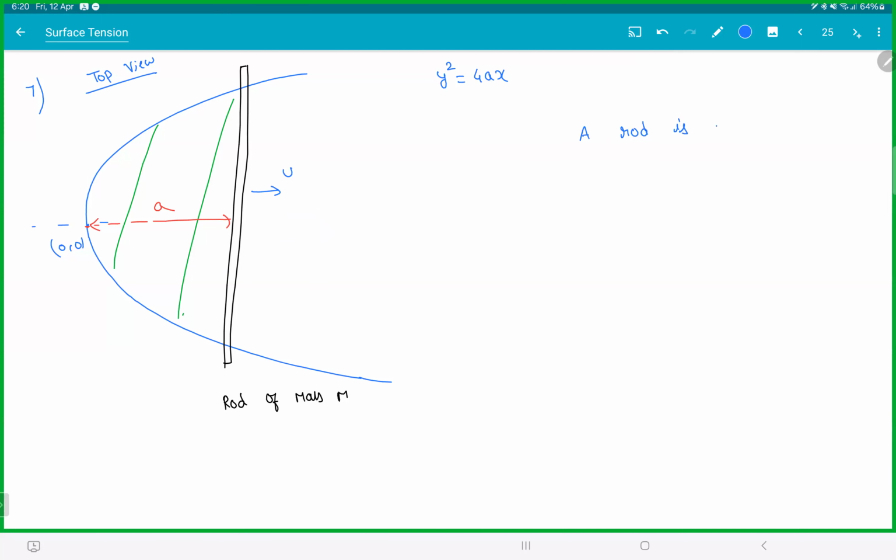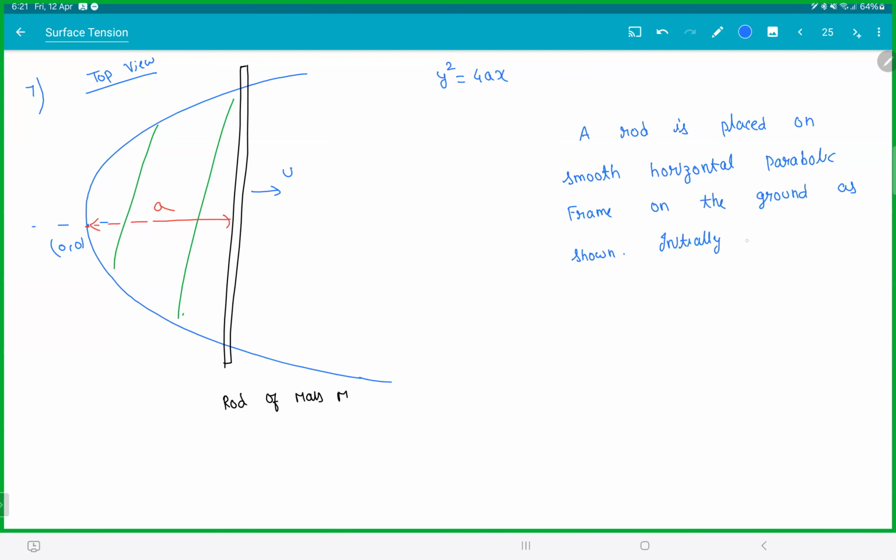So a rod is placed on a smooth horizontal parabola on the ground. Initially it is given velocity u.